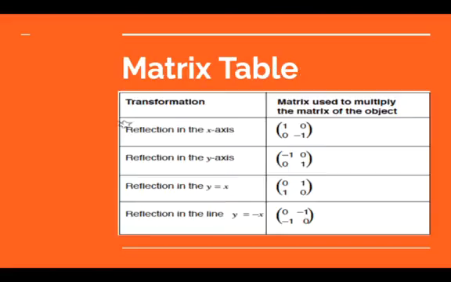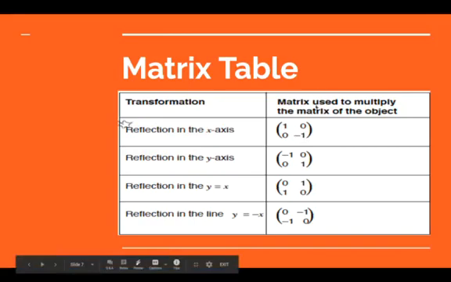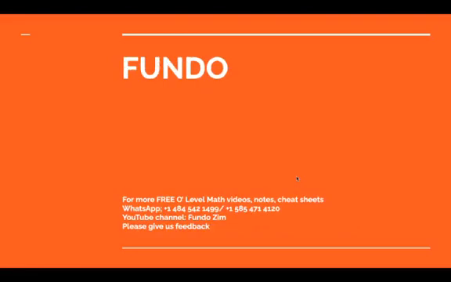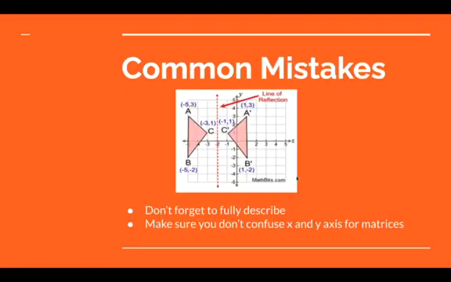Now that we are dealing with matrices, you have to remember which vector works for what line. The x-axis, which is also the line y is equal to 0, works with this vector, and the y-axis works with this vector. So you cannot be confusing your lines.